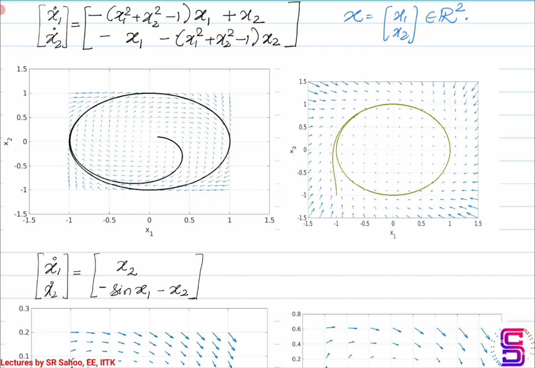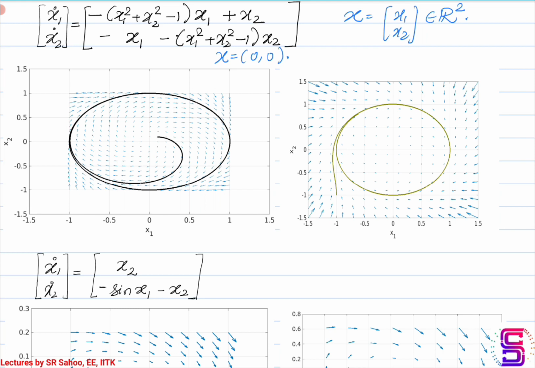Now, if you calculate the equilibrium point, what do you have about the equilibrium point? I think if you solve for the equilibrium point in this case, it would turn out to be the origin, and I plotted the vector field for x1 varying between -1 to 1 and x2 varying between -1 to 1.